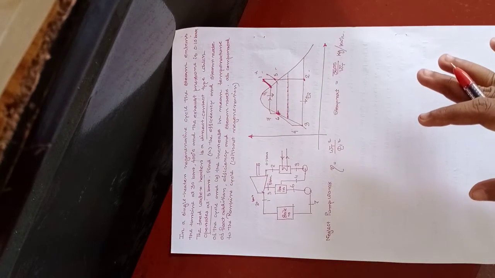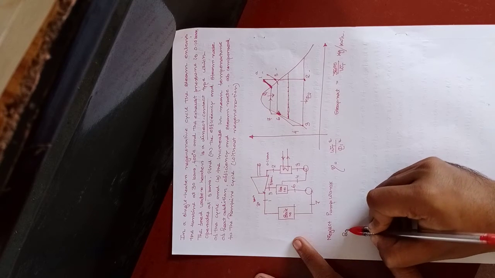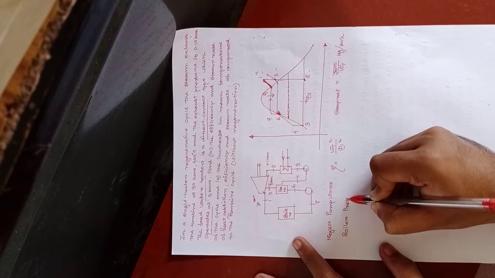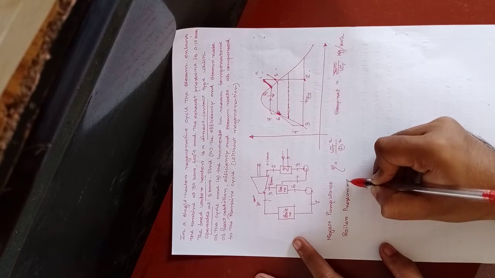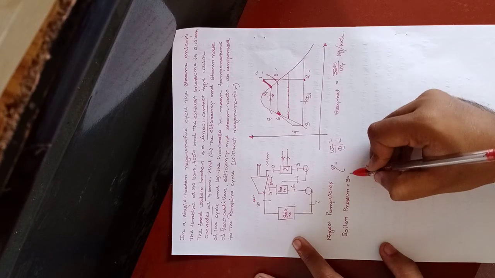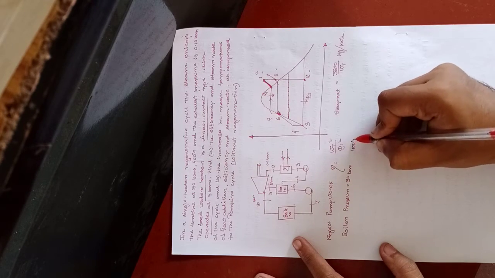So let us find out the first case. The boiler pressure is 30 bar. What is the condition at 1? It is 30 bar and 400 degree centigrade temperature.